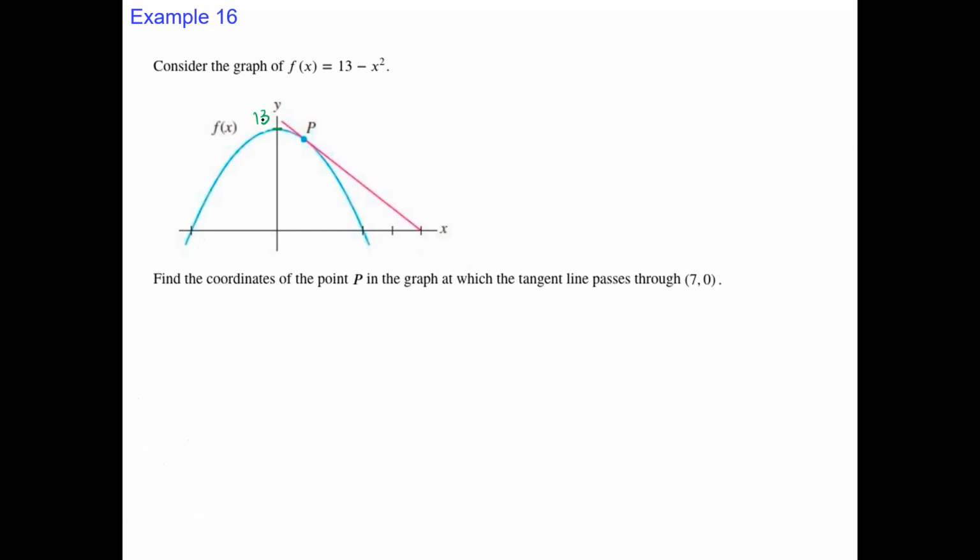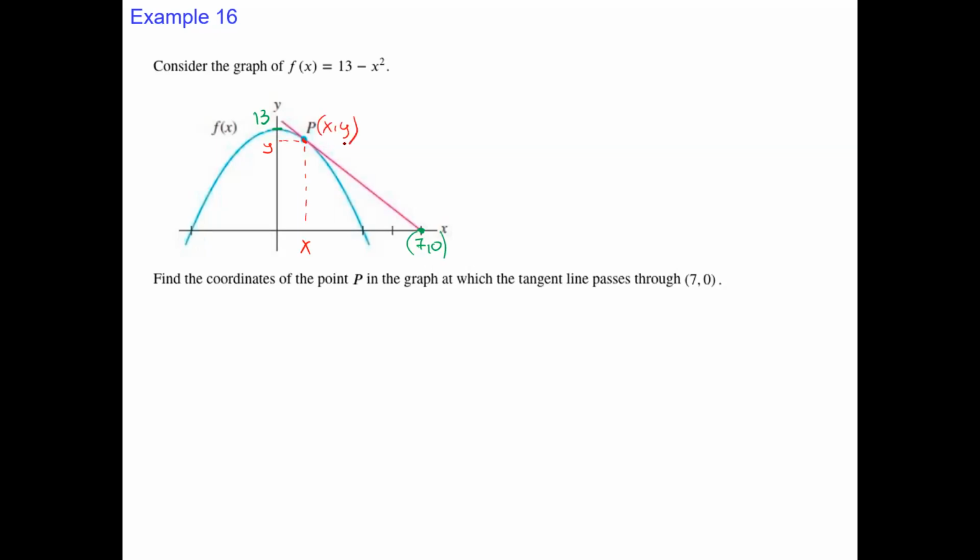And we have a point P, and we have to find the coordinates of the point P in the graph at which the tangent line passes through the point (7, 0). We're looking for this point, x, y.